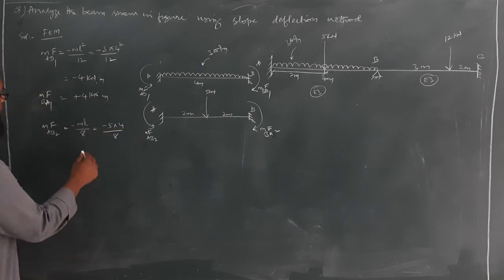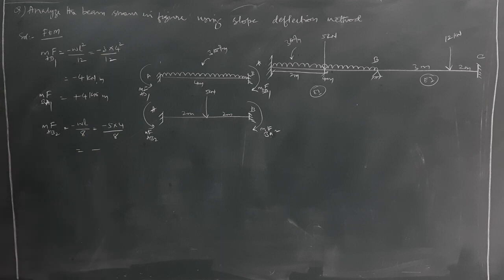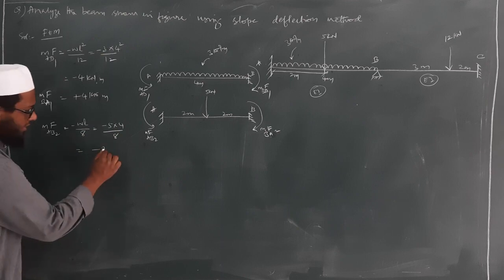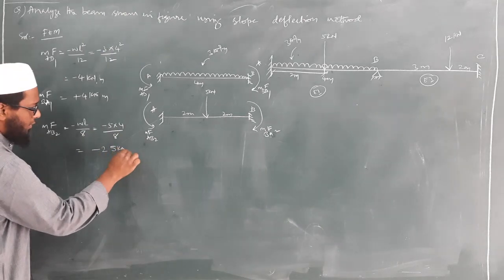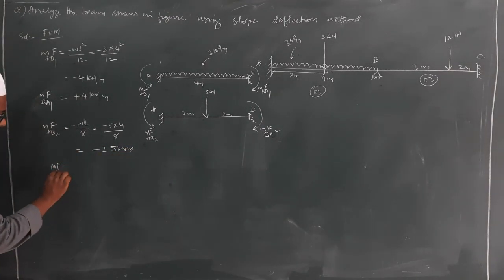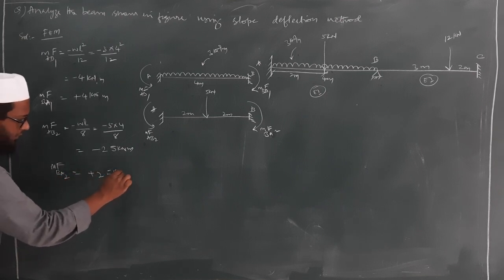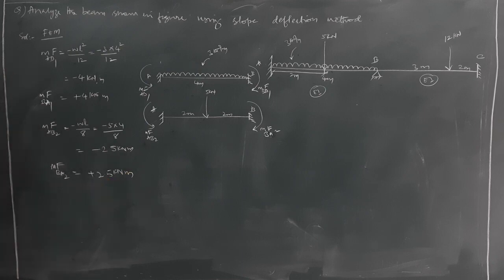This value is 20 by 8, that is 2.5. So minus 2.5 kilonewton meter. What about MFBA2? Plus 2.5 kilonewton meter.